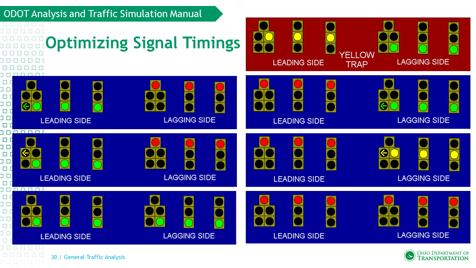This mistaken assumption traps the permissive left turner into thinking it is okay to safely complete the turn when in reality it is not safe because the opposing traffic continues to move on a green indication along with a lagging left turn, and a severe crash can be the result.